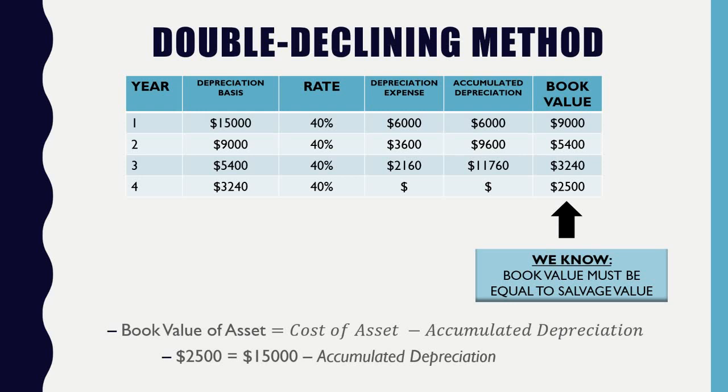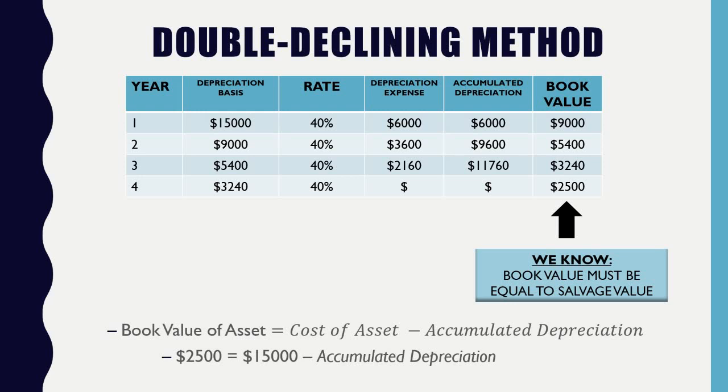The formula for accumulated depreciation, well, in this case, what I'm looking for is book value, right? How do you determine the accumulated depreciation? Well, the formula for book value is your asset cost minus accumulated depreciation.